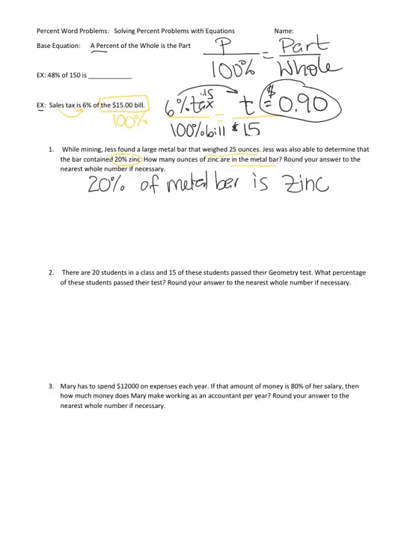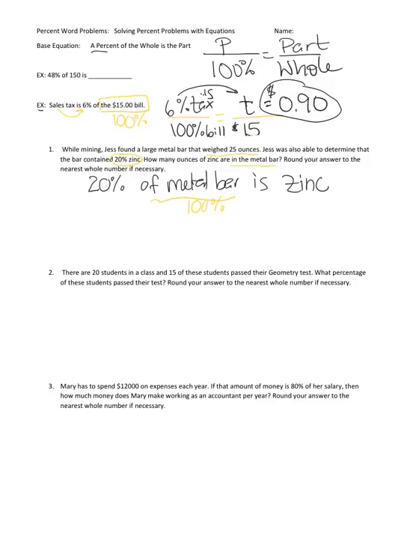You have to find that wording for yourself. It actually doesn't say that exactly, but that's the way to interpret it: 20% of the metal bar is zinc. So now I know that of the metal bar is our 100%. So whatever the metal bar is, that's the 100%. And the 20% is the zinc.